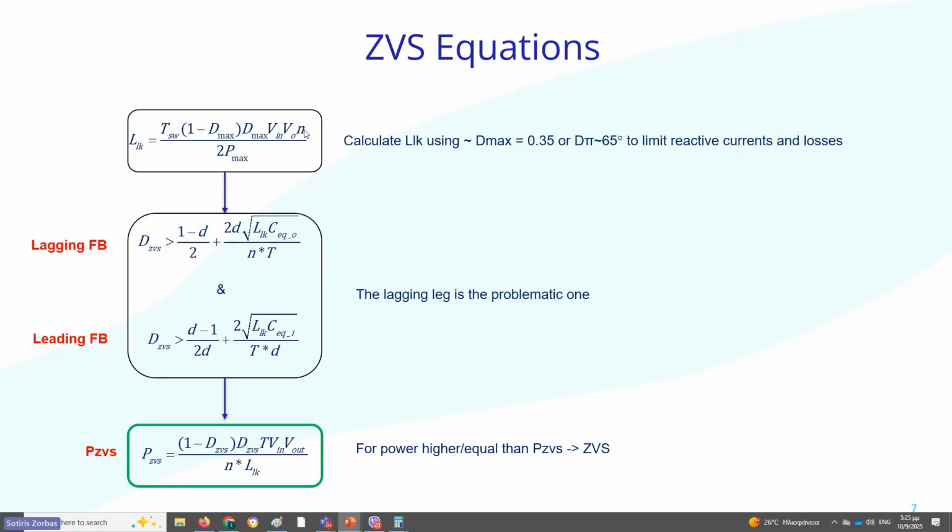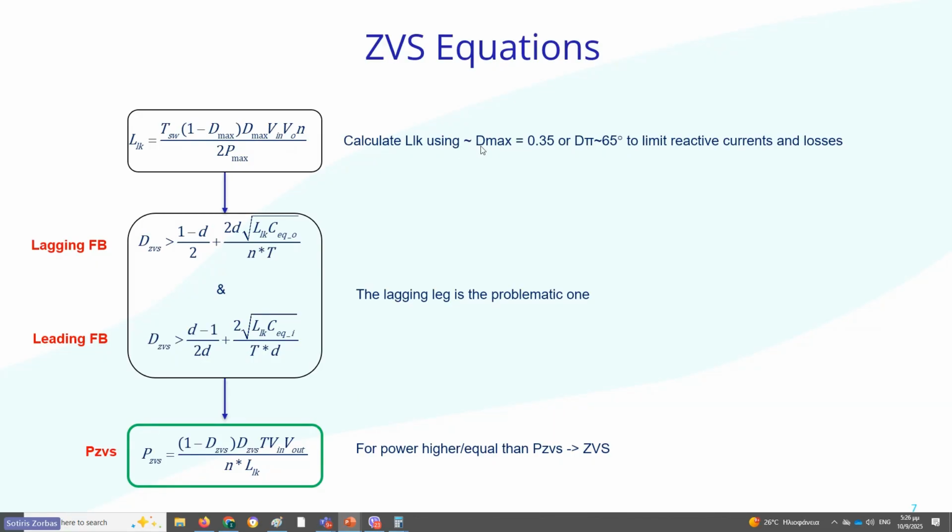The turns ratio is something that I'm going to put a question about in the next slide for you to find out. And let's say that this is an easy one to figure out. And basically, you need to calculate the leakage, but Dmax, how should you select a Dmax?